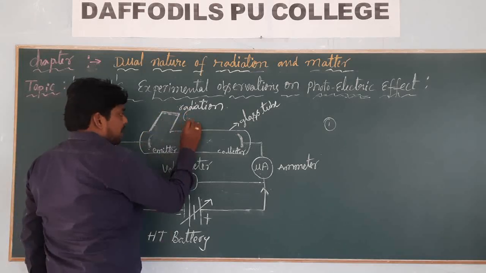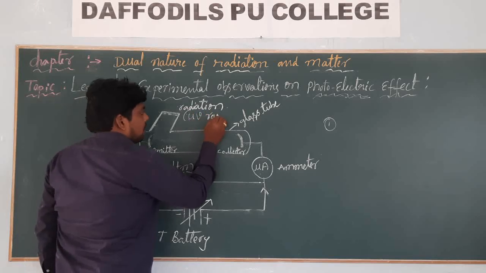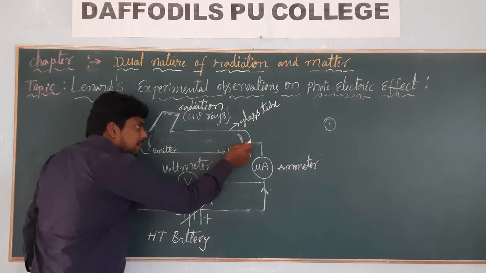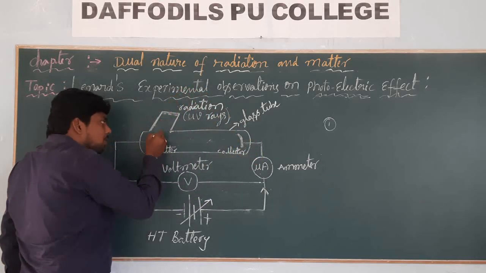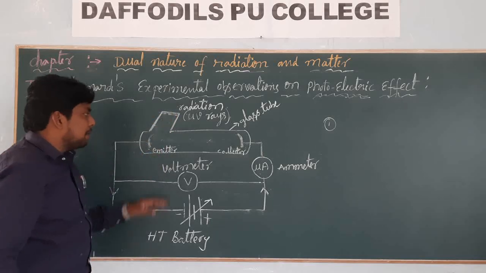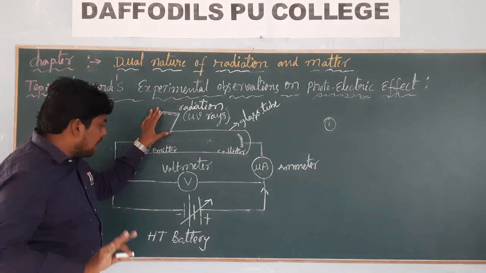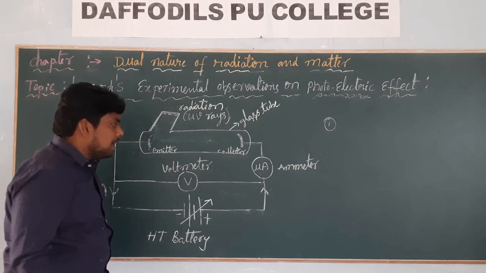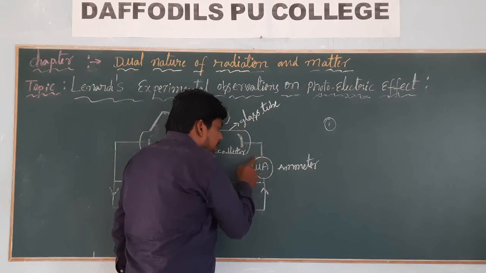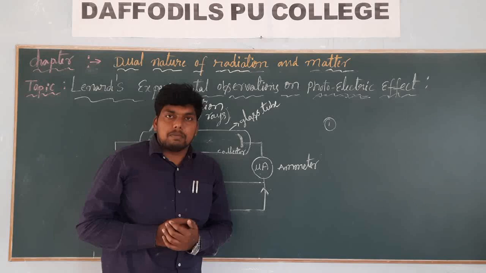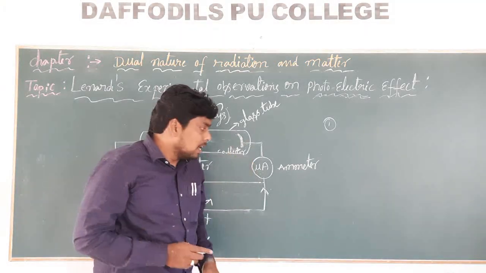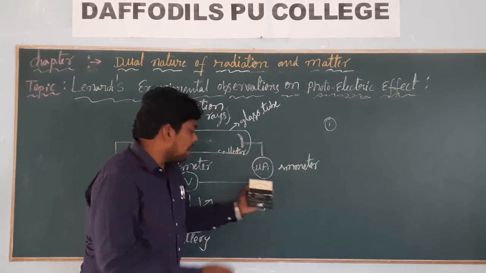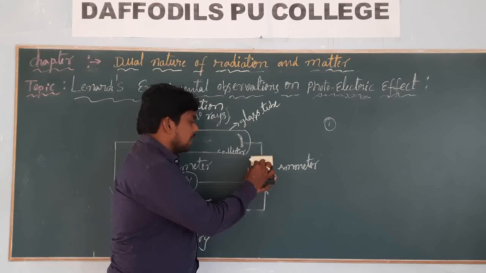The potential difference is applied across the emitter and collector, but no UV rays or other radiation fall on the emitter plate. In this condition, he observed that the microammeter was not showing any deflection; the needle is at the 0 reading.